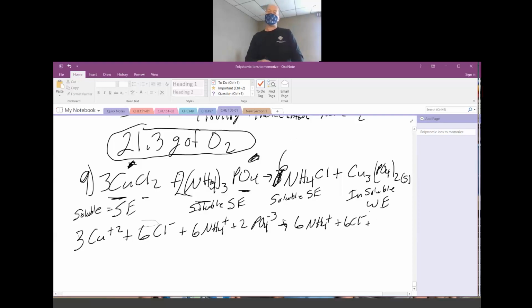So your strong electrolytes break up into ions. Your weak electrolytes, the insoluble salts, stay together and they are solid. So all solids, liquids, and gases stay together. So Cu3(PO4)2, and that is a solid.